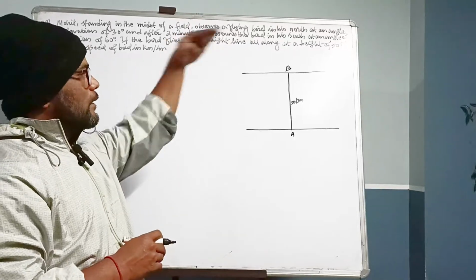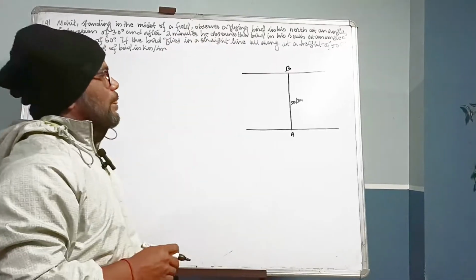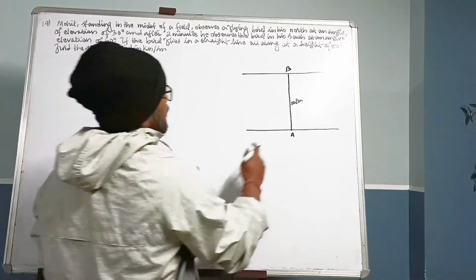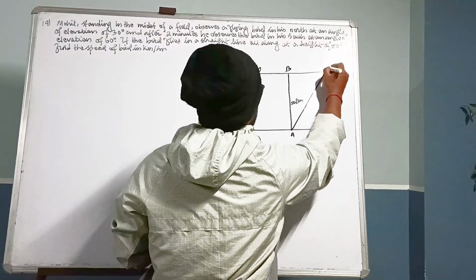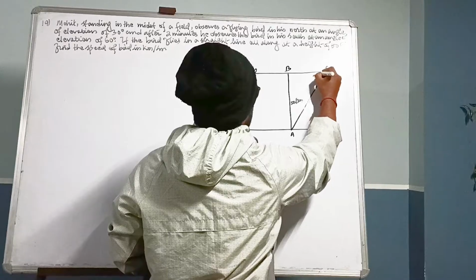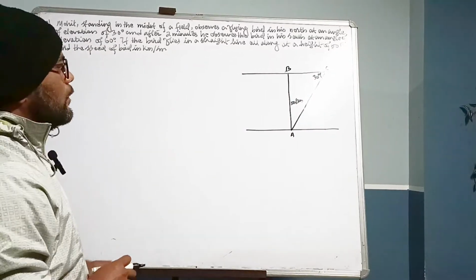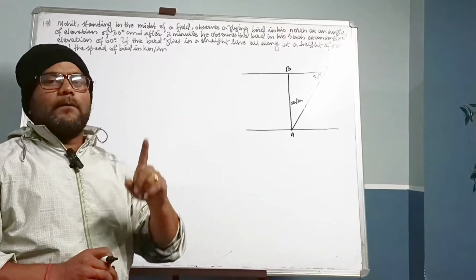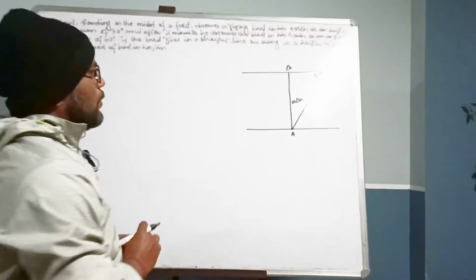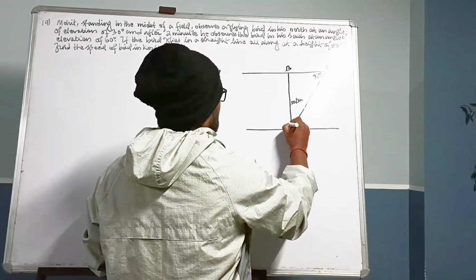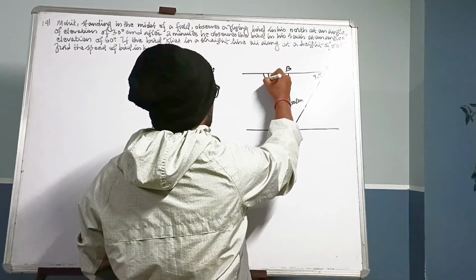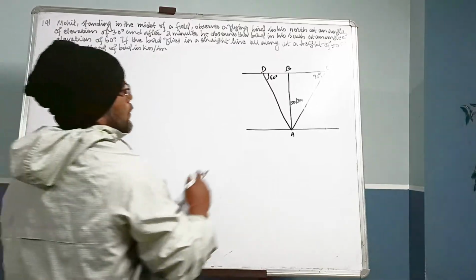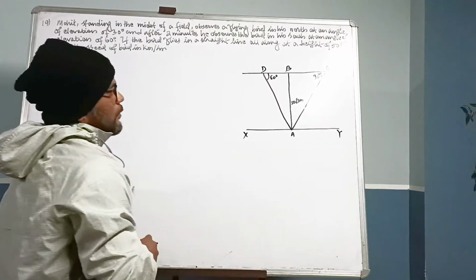The man, Mohit, observed the bird first at this point C at an angle of elevation of 30 degree in its north direction. And after 2 minutes he observed the same bird at an angle of elevation of 60 degree at the point D. Okay, so let's make it XY.